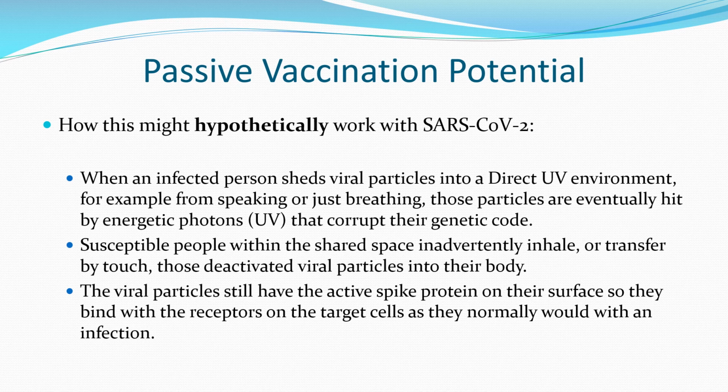Susceptible people within the shared space inadvertently inhale or transfer by touch those deactivated viral particles into their body. Those viral particles will still have the active spike protein on their surface, so they'll bind with the receptors on the target cells as they would normally do with an infection.